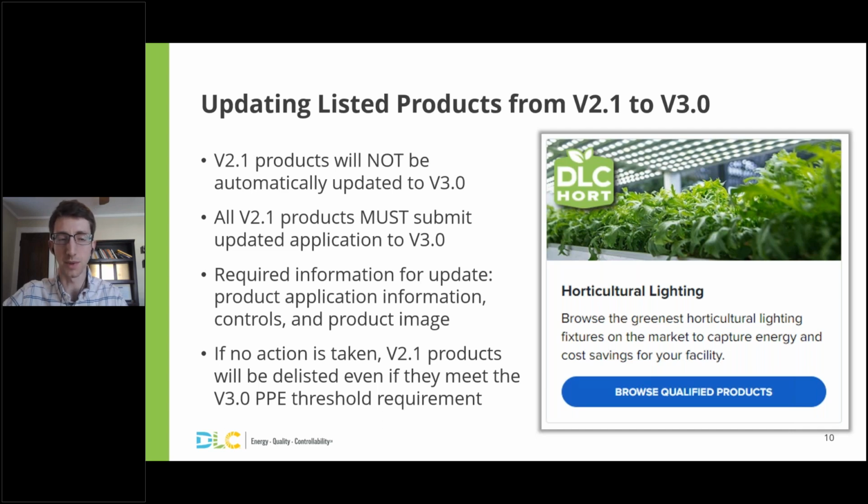And so to get all that information for version 3, an update application needs to be submitted. And then if no action is taken, the version 2.1 products will be delisted, even if they meet the requirements for PPE. There are other requirements in version 3 that precipitate an update application.